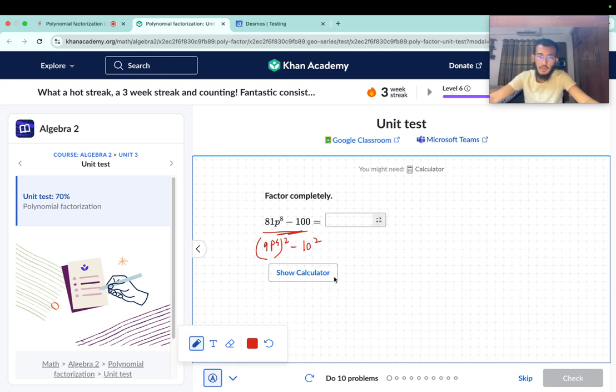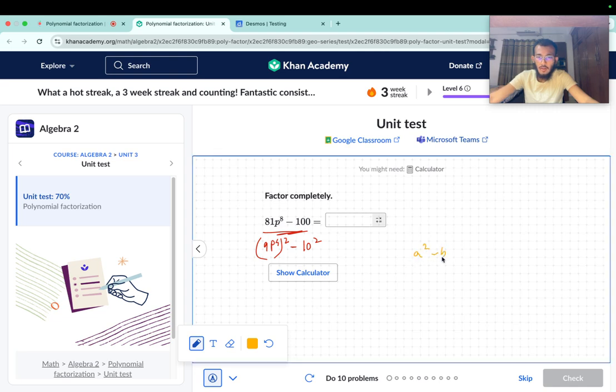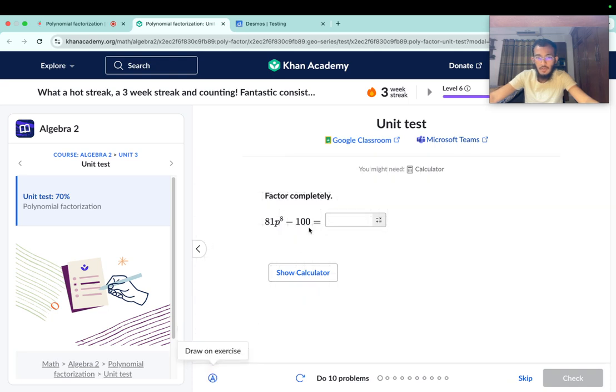This thing is written like this. Then we can use the formula a squared minus b squared equals (a plus b) multiplied by (a minus b). So here a is 9p to the power 4. So 9p to the power 4 plus 10 times 9p to the power 4 minus 10. This would be our answer.